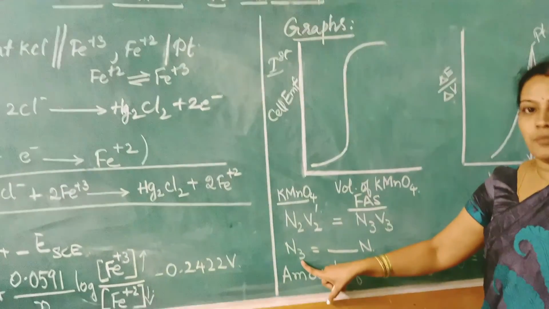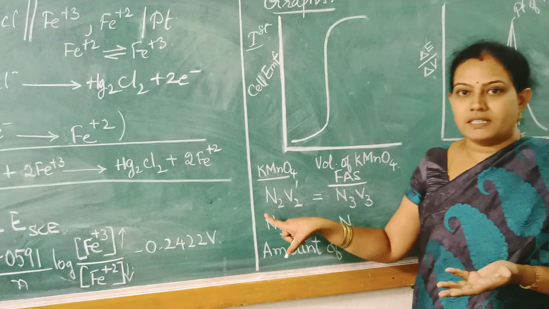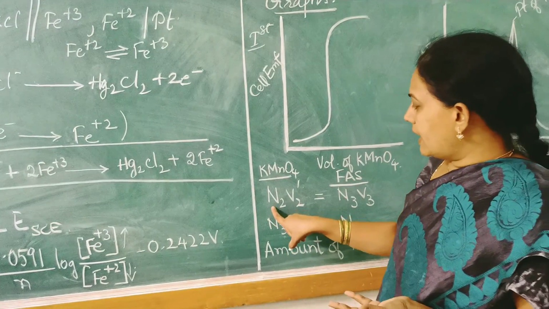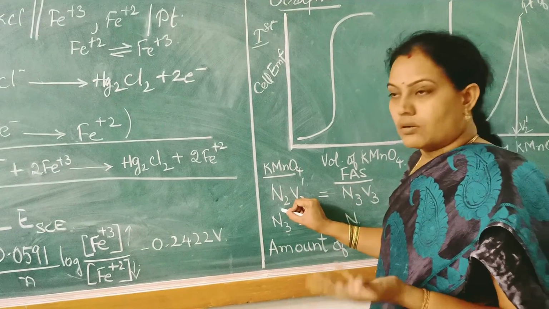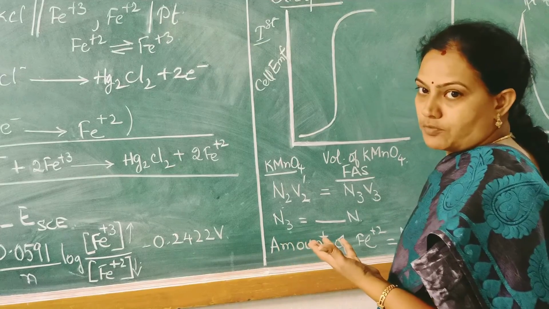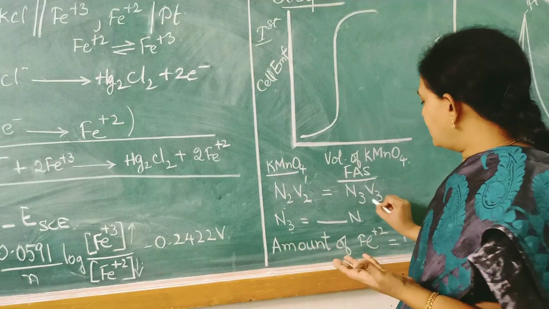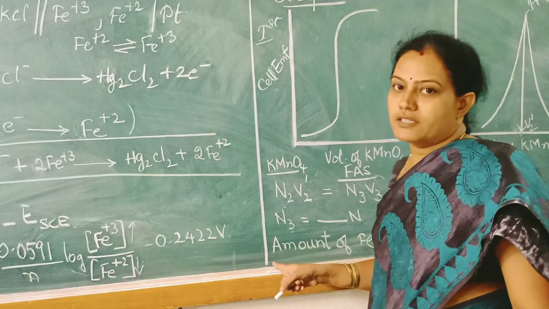The concentration is calculated using the normality equation N2V2' = N3V3, where N2 is already known from the standardization part, V2' is the volume from the graph, V3 is the 20 ml of ferrous sample taken, and N3 is to be found.